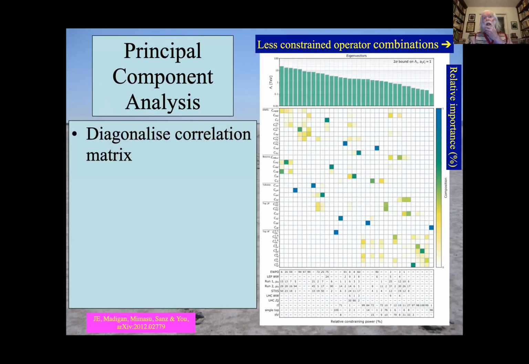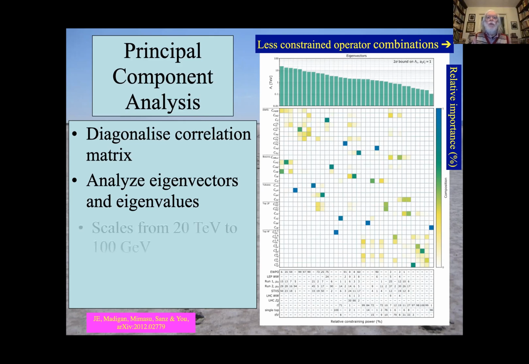So you can diagonalize that very complicated matrix and see which combinations of operators are most constrained and which combinations are less well constrained. So you basically diagonalize the matrix and analyze the eigenvectors and the eigenvalues.